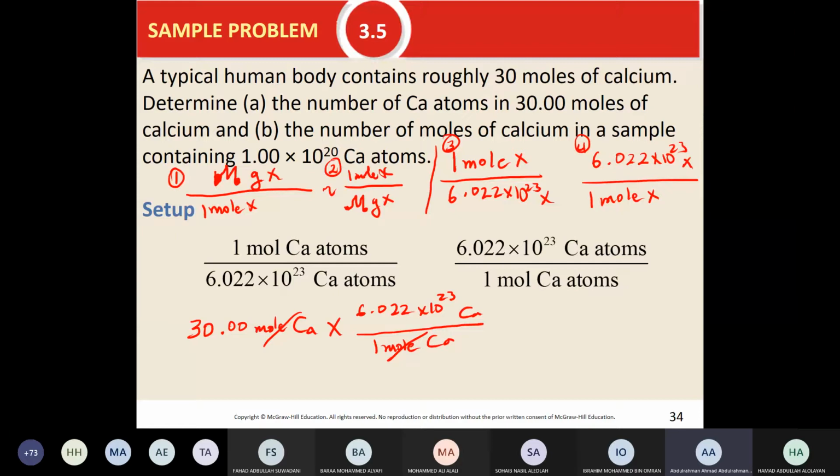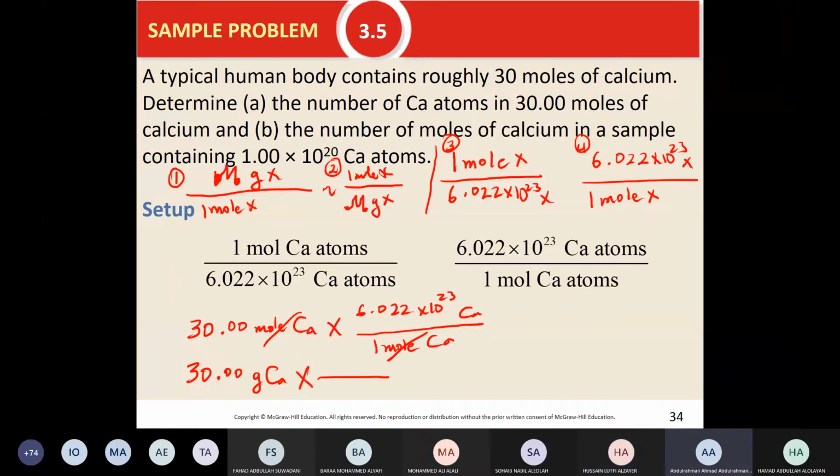Good. Now, let me ask you another question. If I have 30 grams of calcium, how many moles is this? Which equation am I going to use? The second one. Are you sure? Yes, second one, definitely.